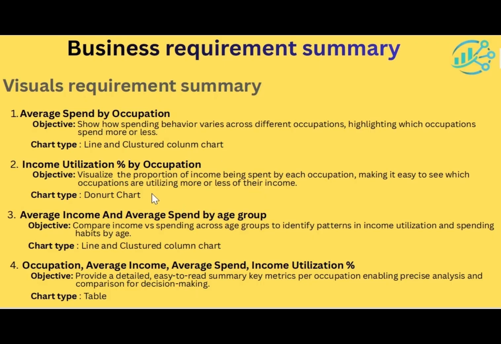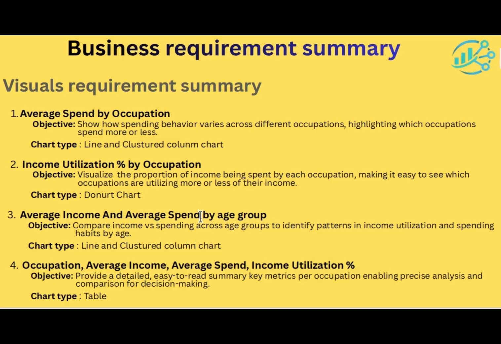So we are generally trying to understand how different occupations earn, and from their earnings, how they spend. And also here we have average income and average spend by age group.